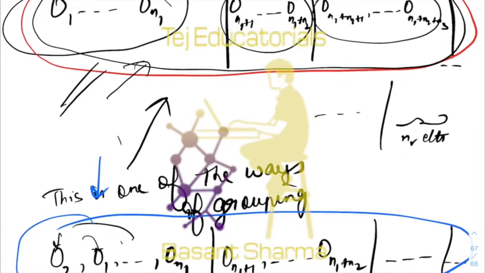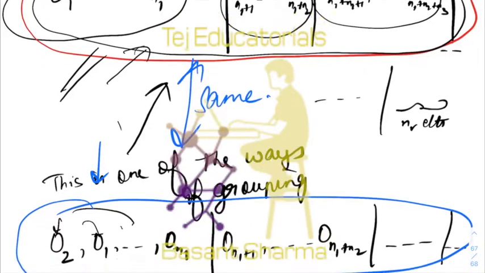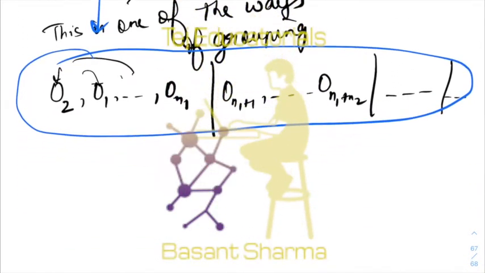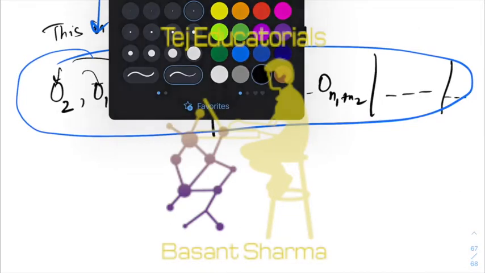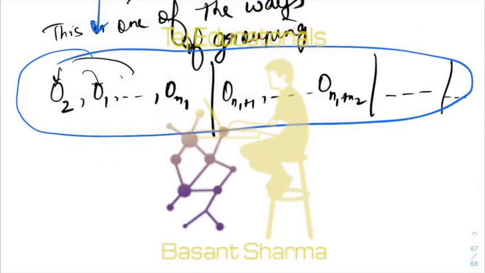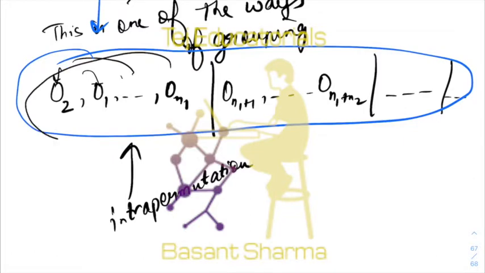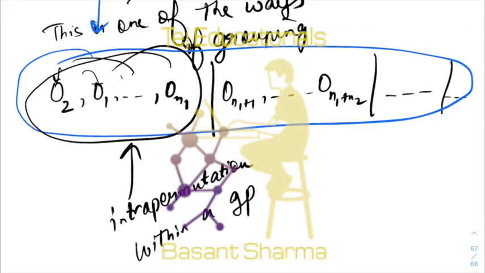So essentially both of these are the same. So what's the problem? The problem is intra-permutation within a group. By intra-permutation I mean permutations within a group. Intra-permutation within a group is irrelevant for us.